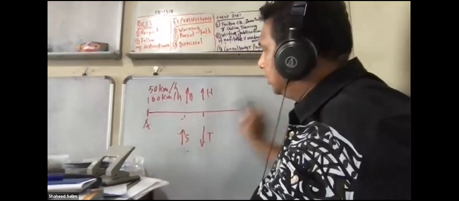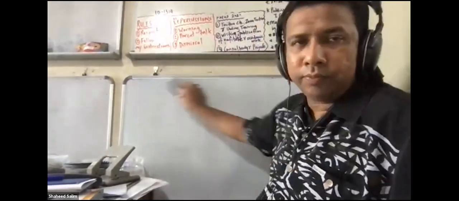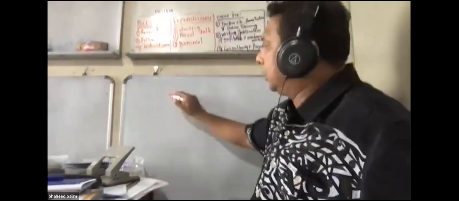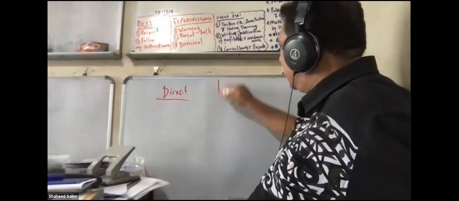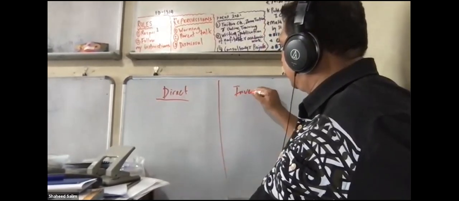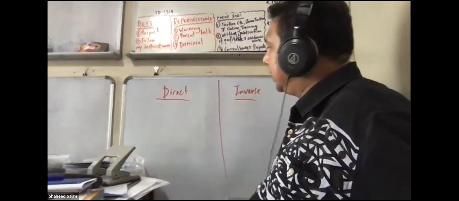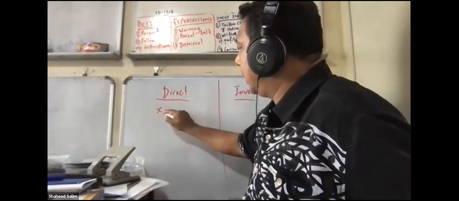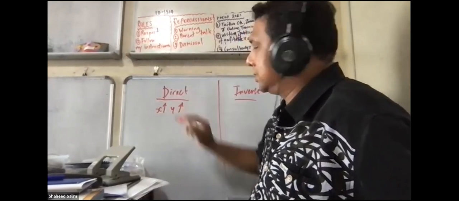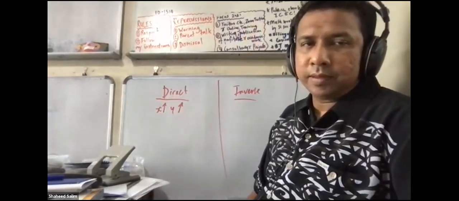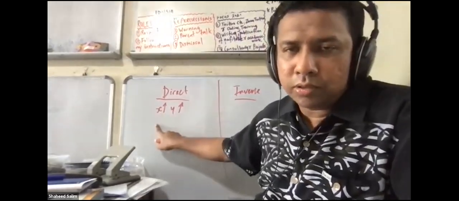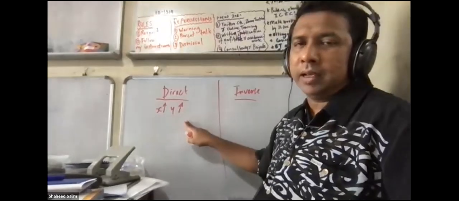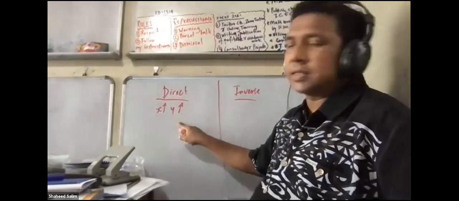So what else? Did your teacher tell you the formula? Okay, I'll give you the formula. You want to write this down somewhere. One is direct, the other one is inverse. First thing is, for direct, x increases, y increases. x can be anything: number of books, number of hours worked and then money earned, or how tall someone is.